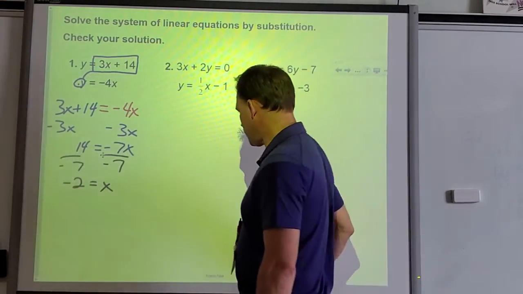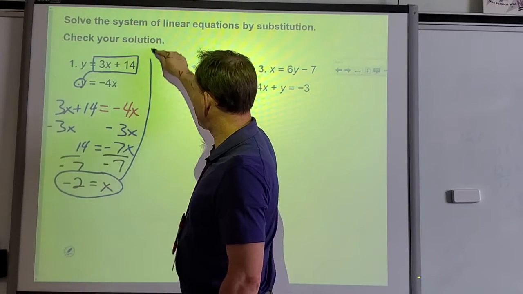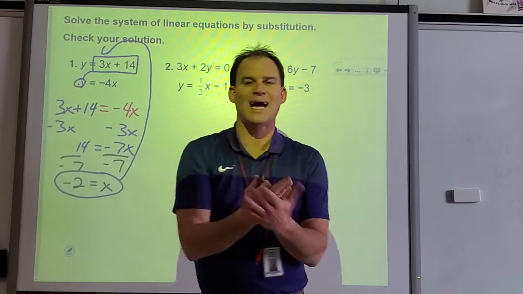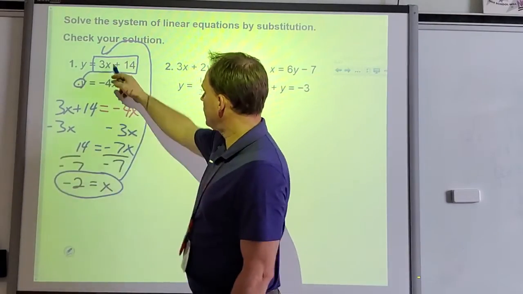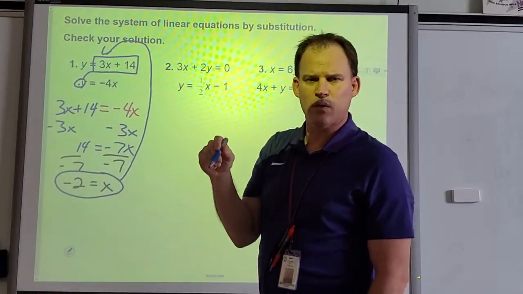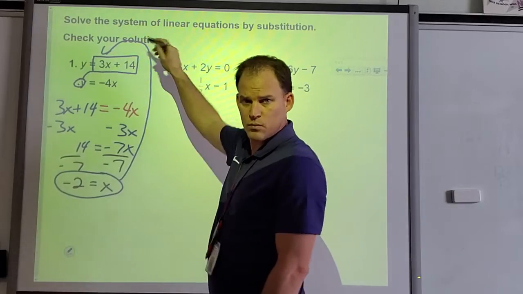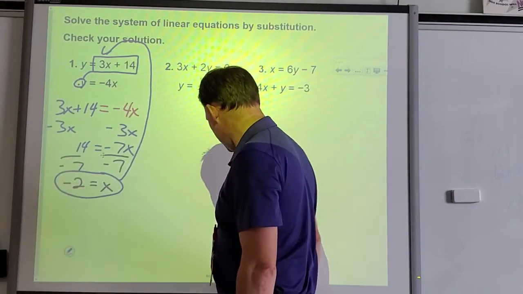All right. I've got to plug it back in. I've got to get an x and a y every time. So now I take this, plug it back into the box. I really want you to box what y equals so you remember to go back and then you can find where to put it. All right? So now I take this right here.